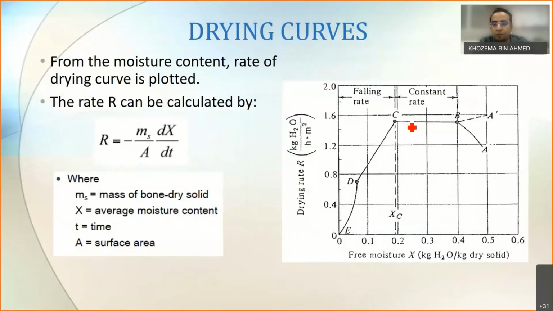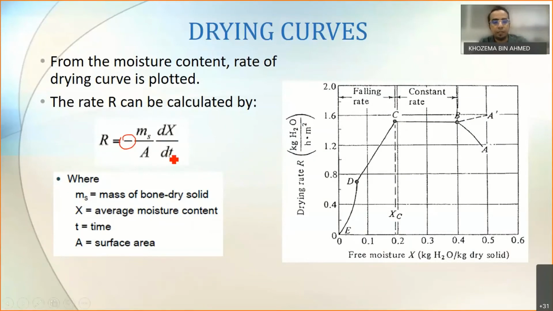So in your rate of drying curve, we still have the same symbols that we are using. We have A prime, B, and B to C, C to D, and D to E. Now the rate here can be calculated using this equation. R is your rate, equal to, again here, we have this negative sign. Why do we have a negative sign?